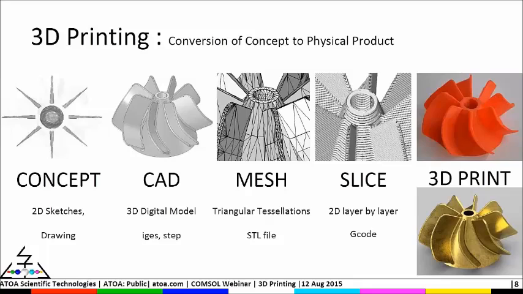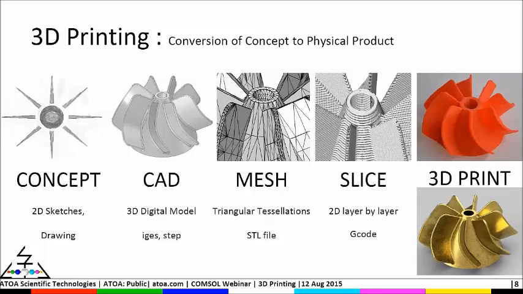Once you develop these 3D models, we usually use IGES or STEP files as a typical exchange file format for CAD data exchange. Once we have the CAD file, the CAD model is then meshed with triangles on the 3D model surface, known as the tessellation process. This is usually written in an STL file.